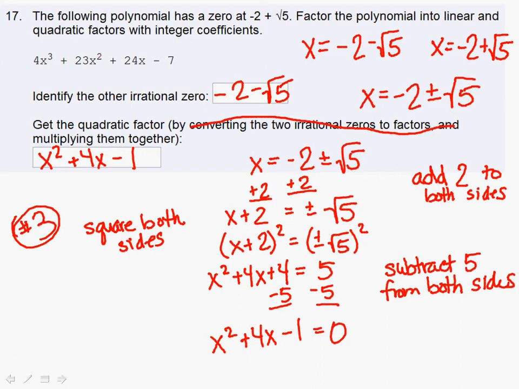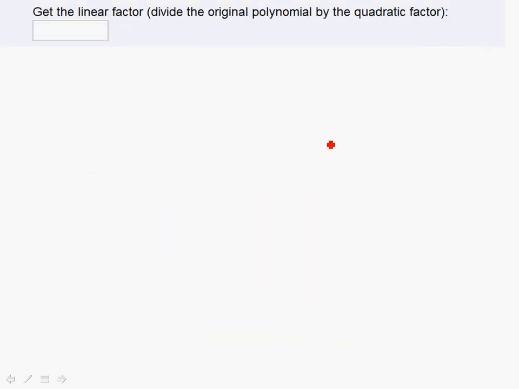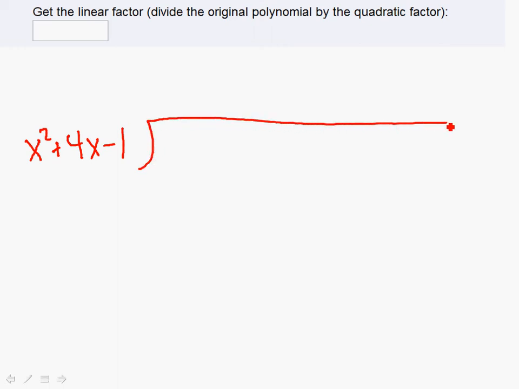Now the next step on number 17. So I had x squared plus 4x minus 1 as my quadratic factor. In order to get the linear factor, I'm going to use long division, and I'm going to divide into my original equation.